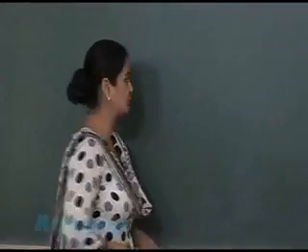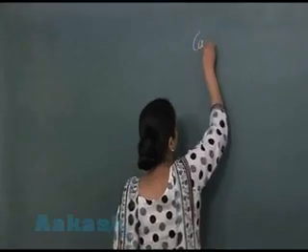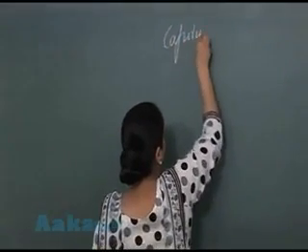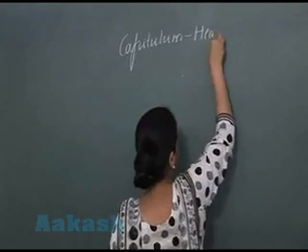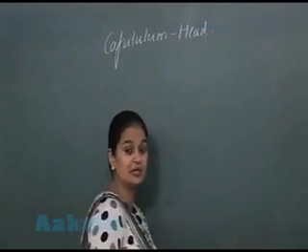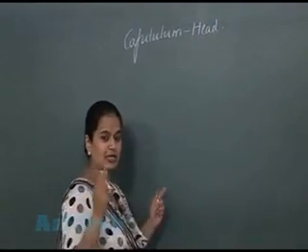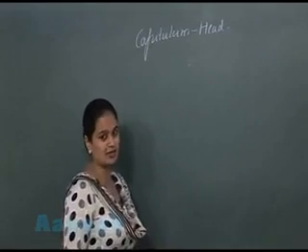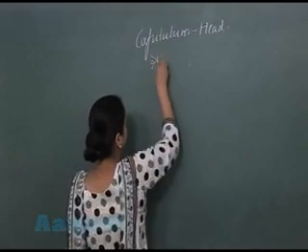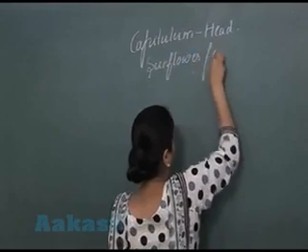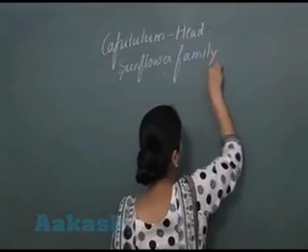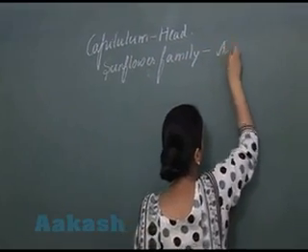So now the capitulum inflorescence. The capitulum inflorescence is also known as head inflorescence. That is the racemose head, and it is the characteristic feature of the sunflower family. The name of this family is Asteraceae.